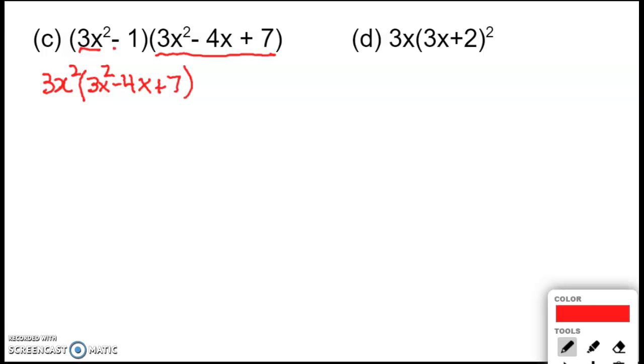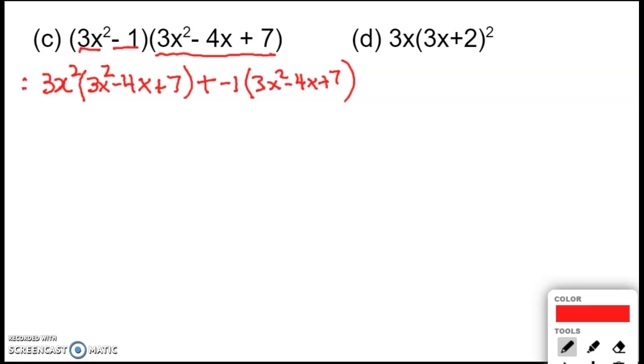And then you get the second term of the first binomial. To that, you're adding the second term of the first binomial multiplied by the second polynomial, 3x squared minus 4x plus 7.